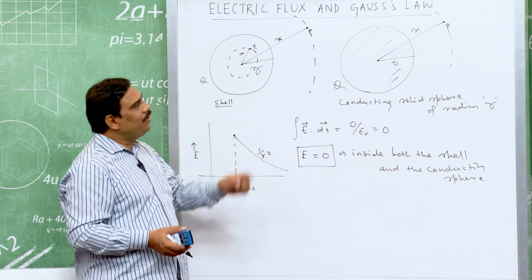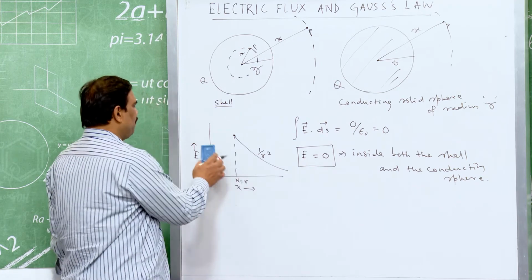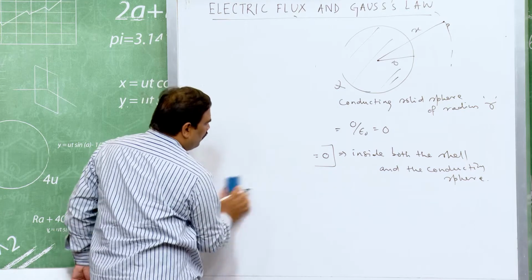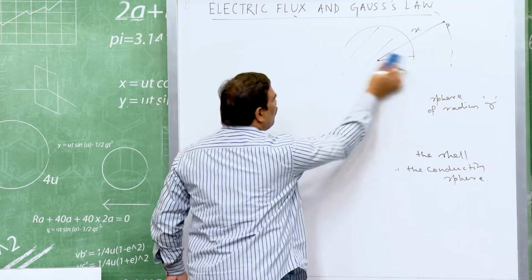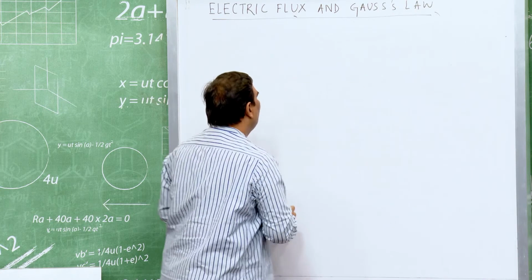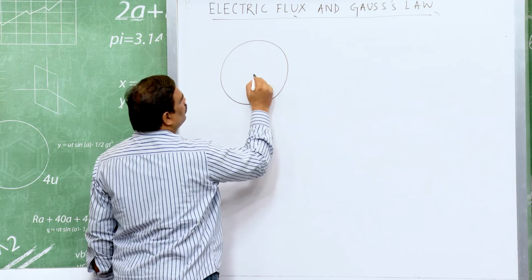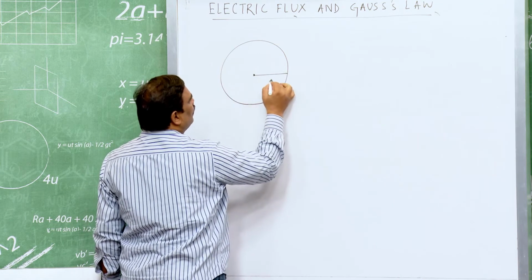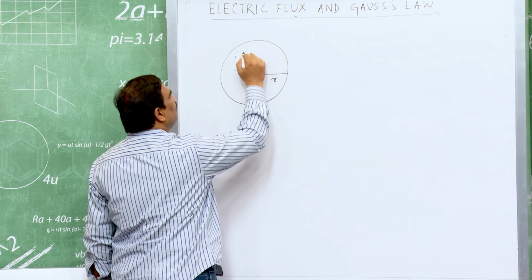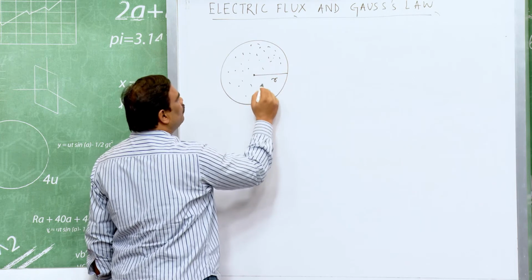But the things will be different if the sphere is non-conducting. If we consider a non-conducting sphere of radius r, then the charges will be uniformly distributed over the entire volume.